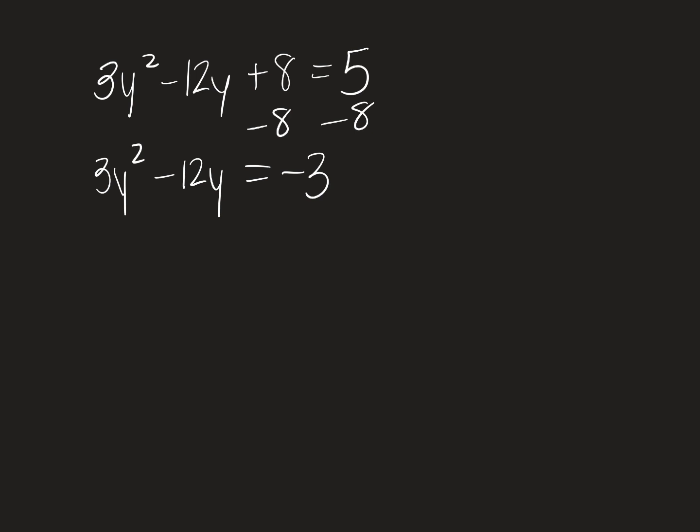We have to divide everything by 3. So we get y squared minus 4y equals -1. Okay? Take a second and attempt to complete the square by yourself. We keep the negative in the -4 over 2? Yeah, negative. Keep the negative.